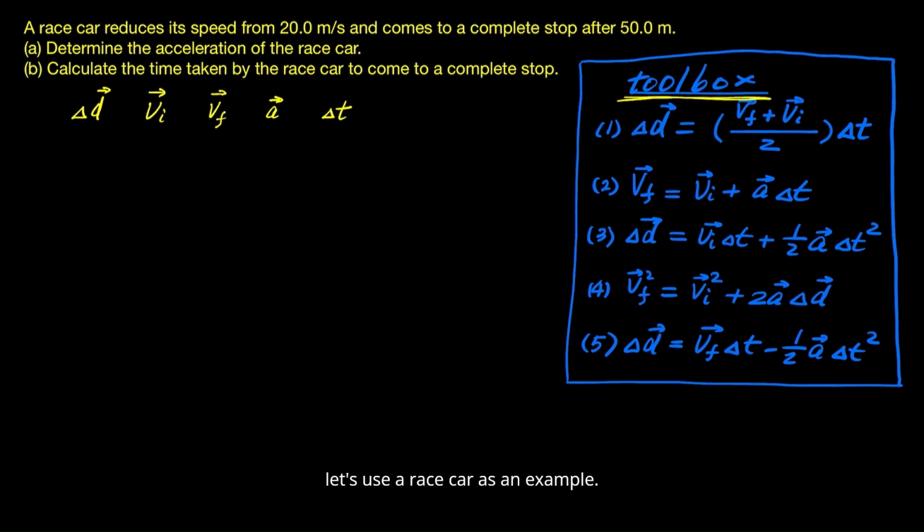Okay, now let's use a race car as an example. Imagine a race car slows down from 20 meters per second to a complete stop over a distance of 50 meters. What are the given variables from this? First, we know the car's initial velocity, vi, is 20 meters per second.